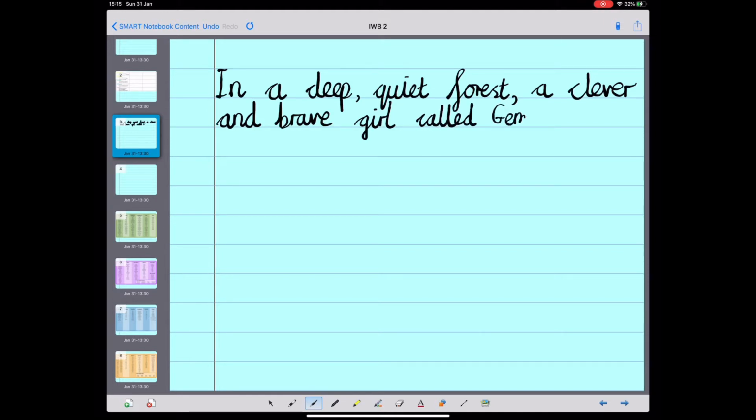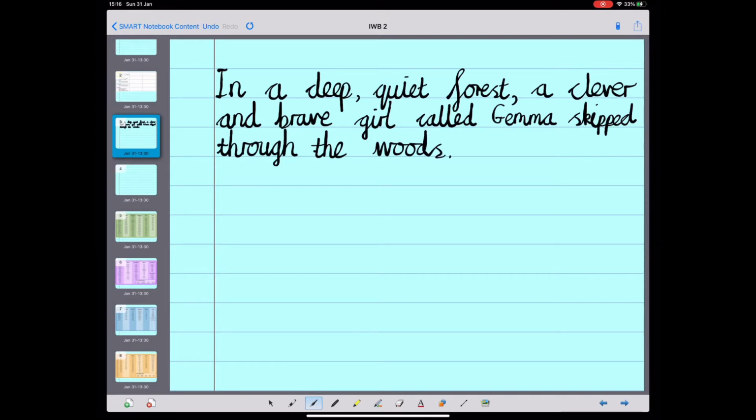So I've used a noun phrase to describe her. So straight away my reader knows what she's like. She's clever and she's brave. A clever and brave girl called Gemma skipped through the woods. So if she's skipping, that tells the reader that she's quite a happy little girl as well.